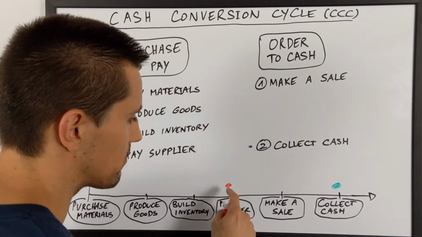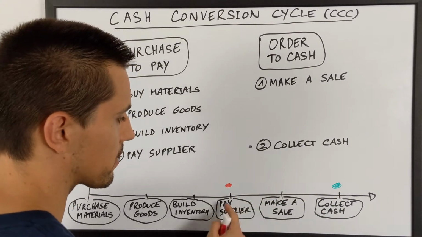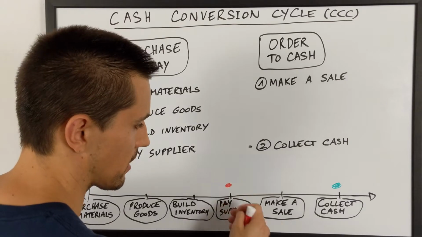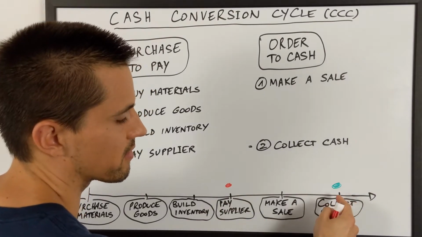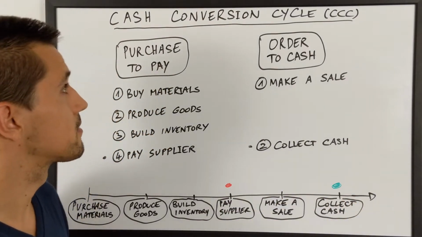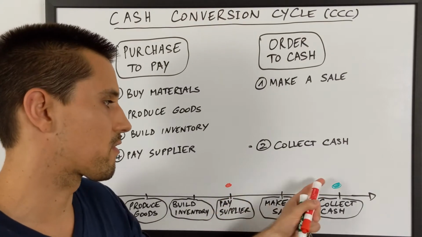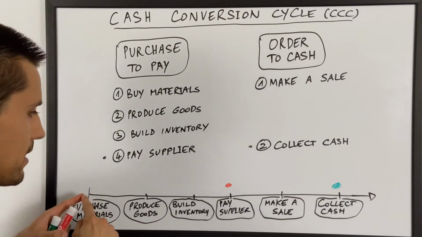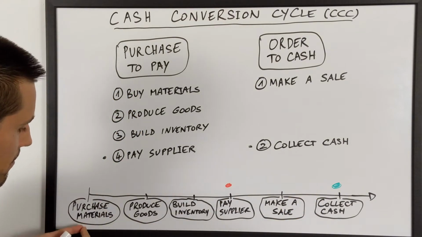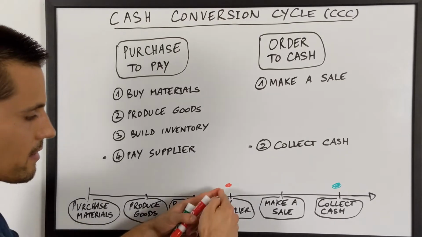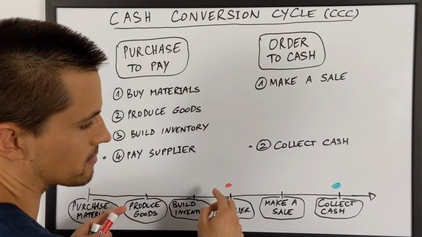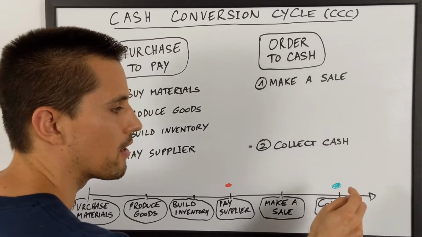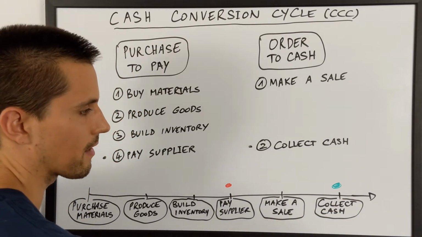So you can see that there is a pretty big gap here between paying your supplier, cash out, and collecting cash for your sale, cash in. As you can see, that's a part of the conversion cycle, and from the first time you have costs involved and cash going out, it's a long way till the first time you cash in and you make a sale here.